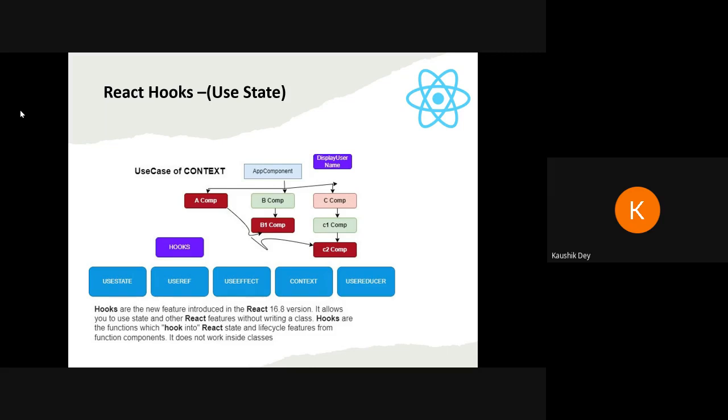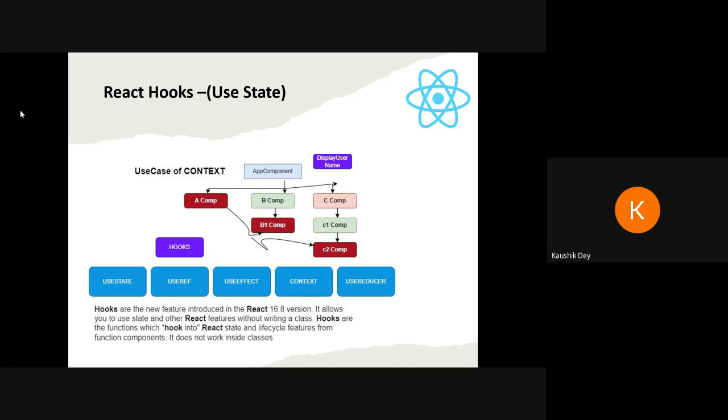These types of hooks are available in React: useState, useRef, useEffect, useContext, and useReducer. These are the five most useful hooks in React. Whenever you work on projects, these five hooks might be useful in your hands-on assignment or projects.